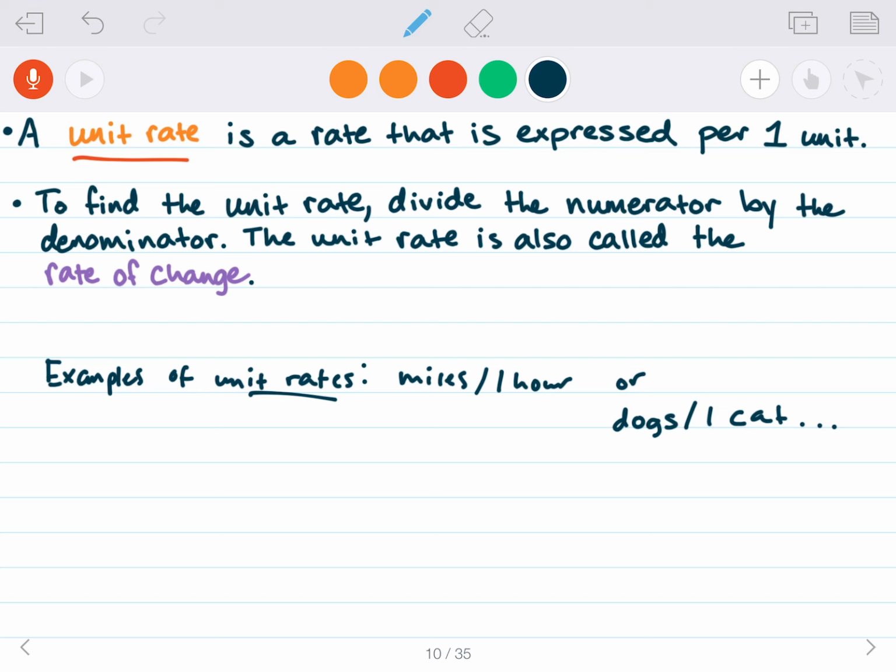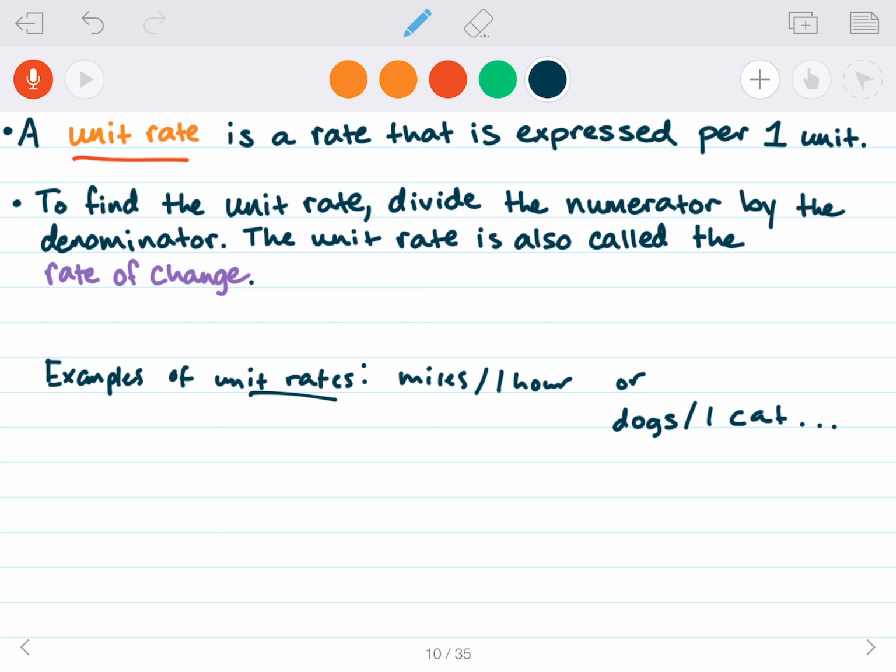Those big stores that sell things in bulk, like Sam's and Costco, people go to those stores because the unit rate is cheaper. So, you have a big giant jar of peanut butter at Sam's, and it's like $20, and you're like, oh my gosh, who would pay $20 for a jar of peanut butter?